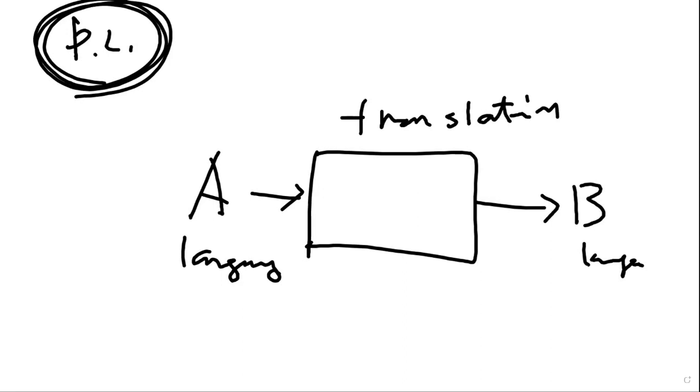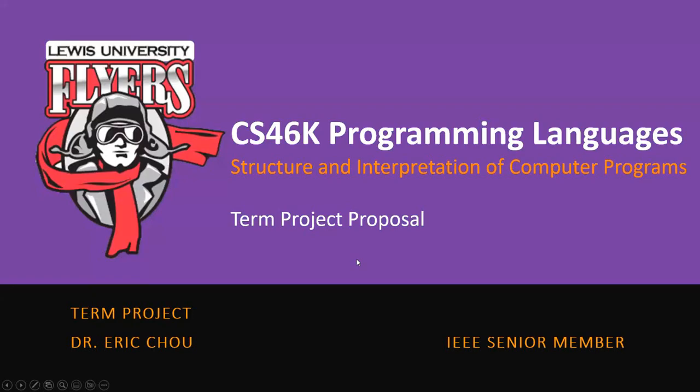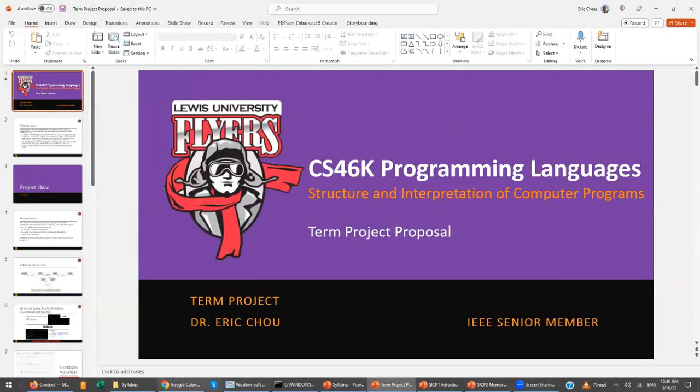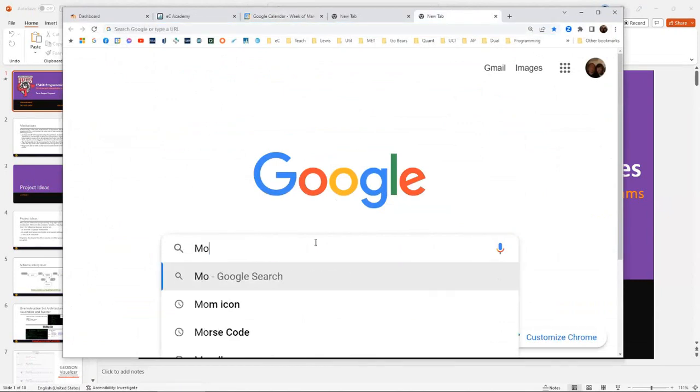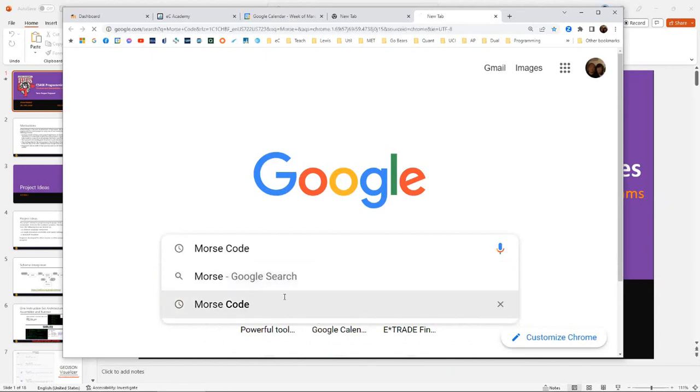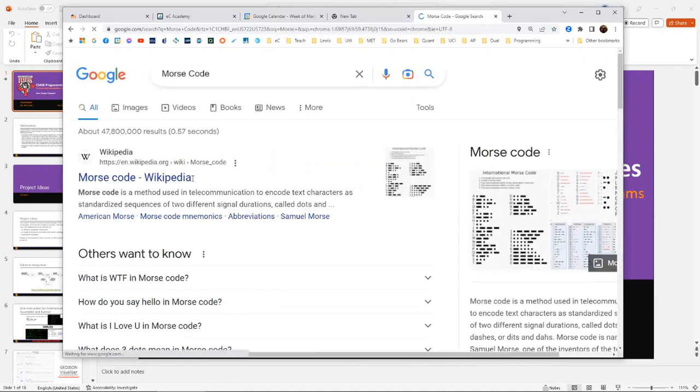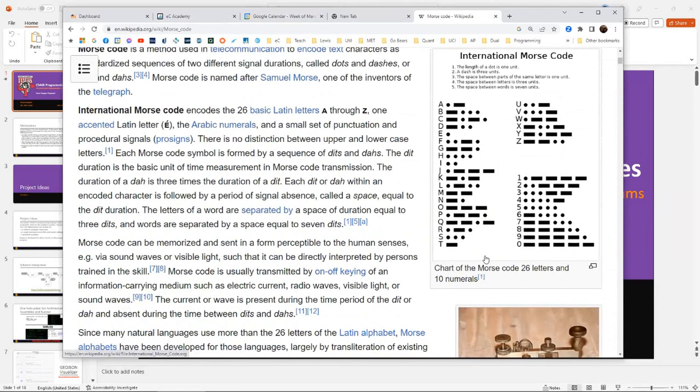Let me give you a good example from a student maybe 2 years ago. He had one project, very simple, not too hard. He worked on Morse code. You may know about this Morse code, international Morse code.